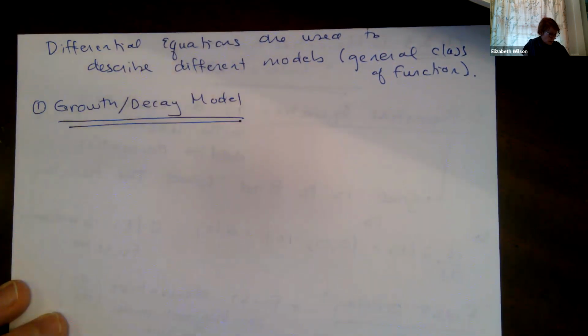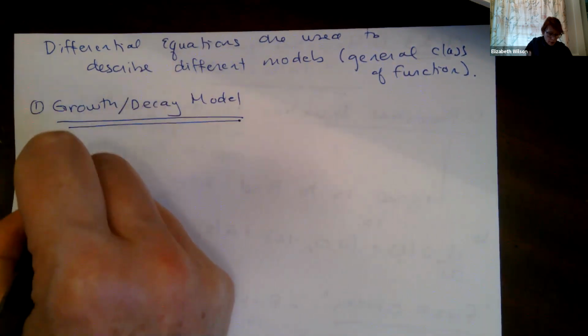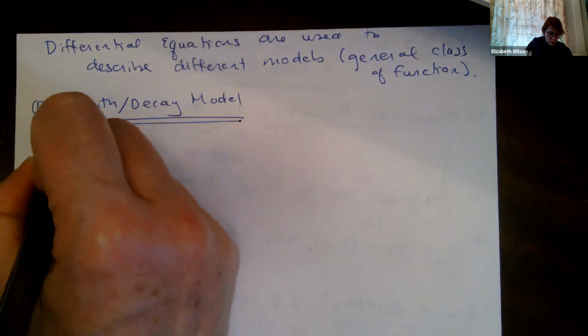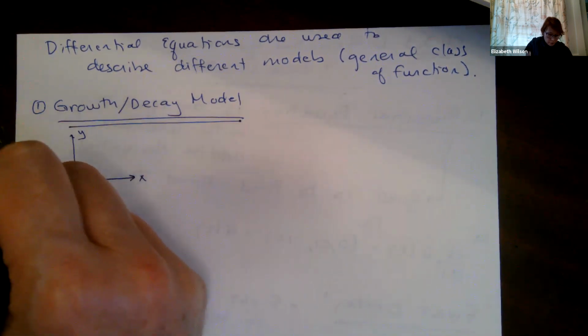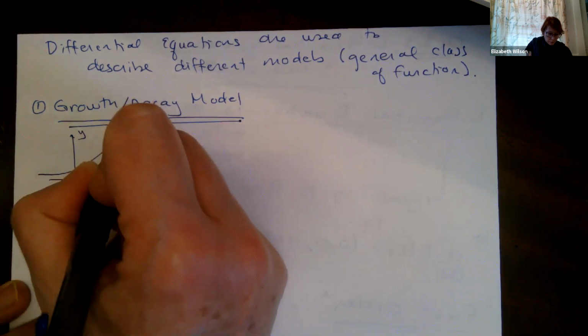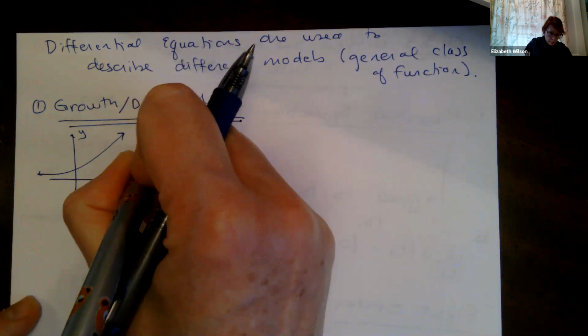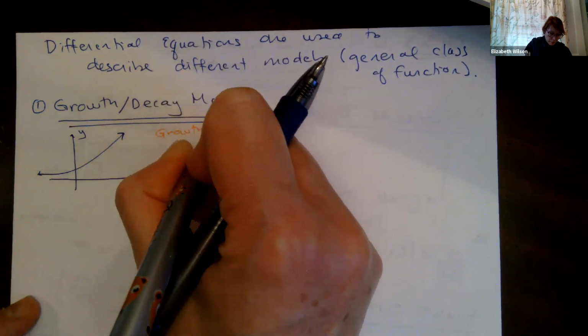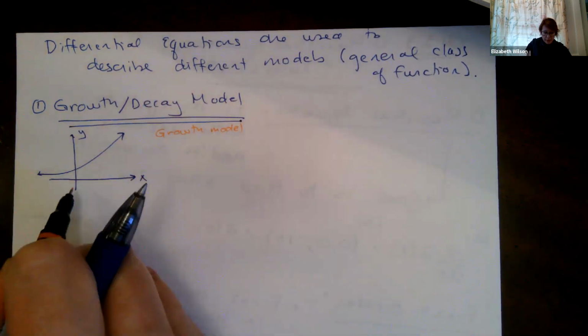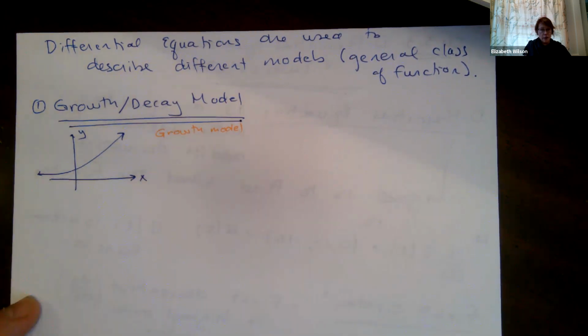Okay, so I'll just draw this out. Here's my x-axis, here's my y. This is a growth model. And it's growth because as x gets bigger, y gets bigger. So it's a growth model.